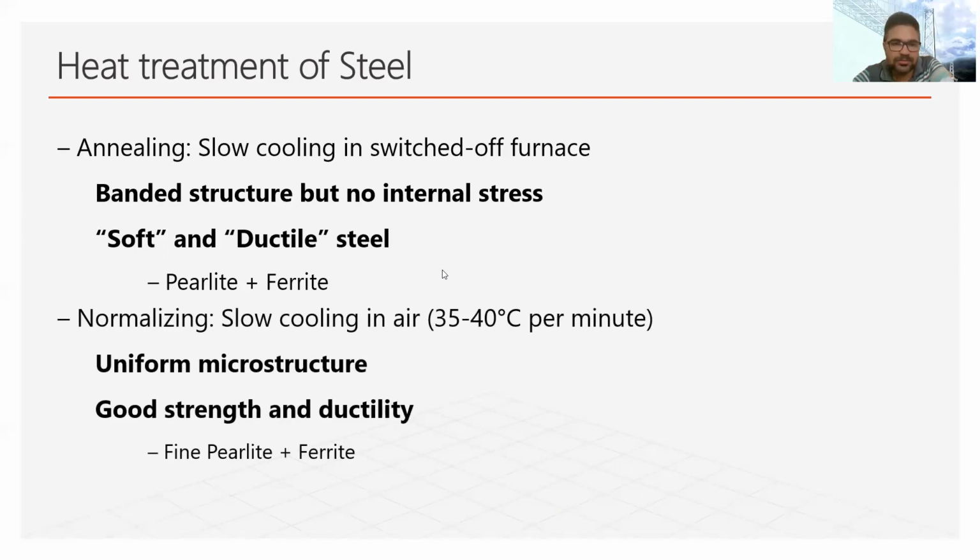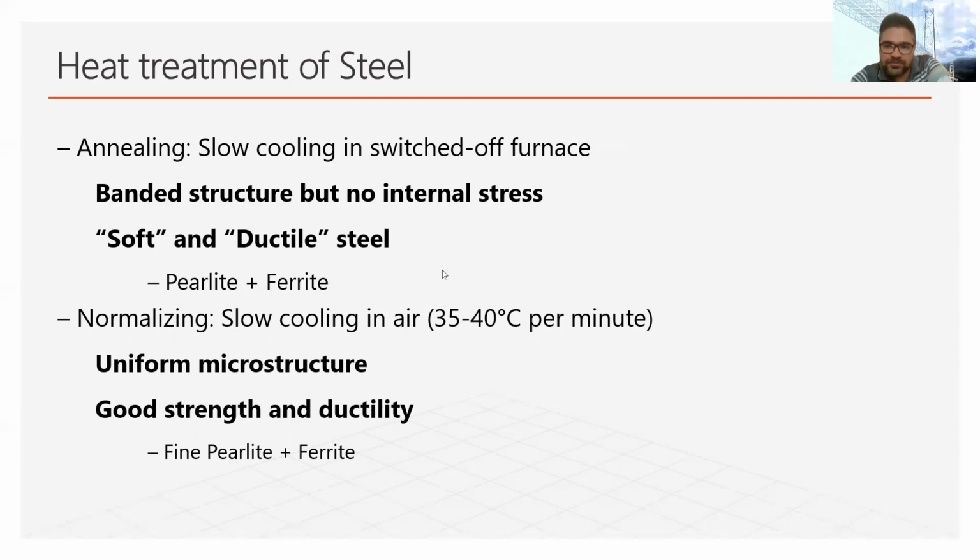Then the next process which is used in heat treatment is called normalizing. Now this process is very similar to annealing, except that in normalizing, the steel is removed from the furnace and it is allowed to cool in still air.